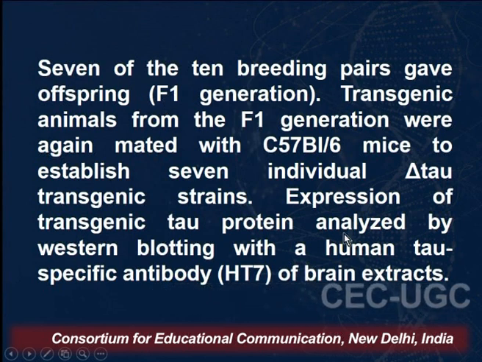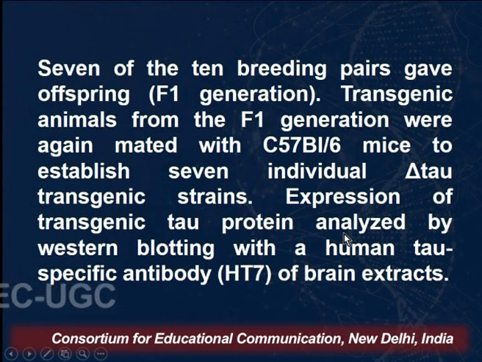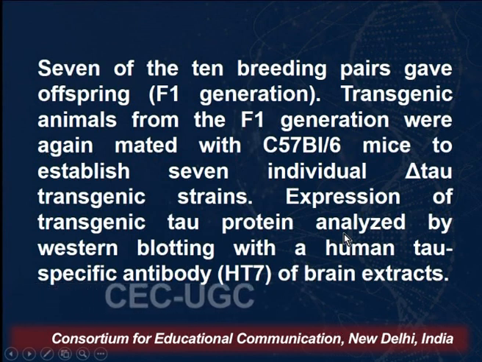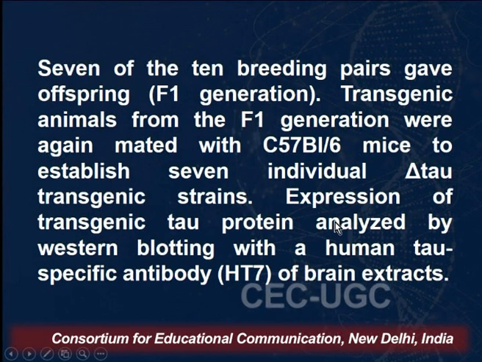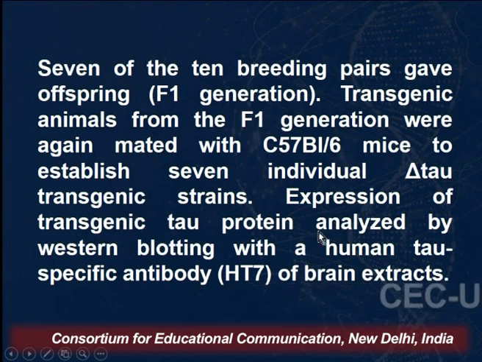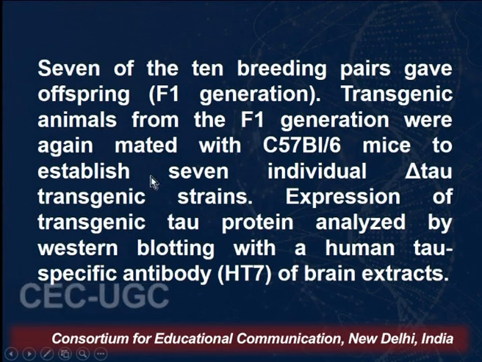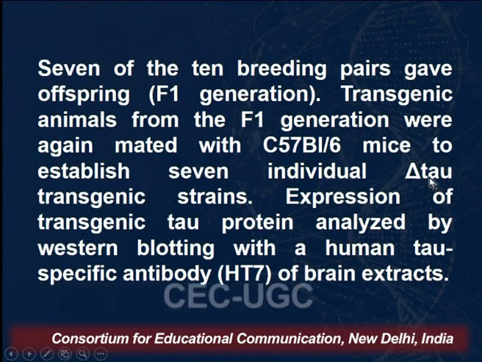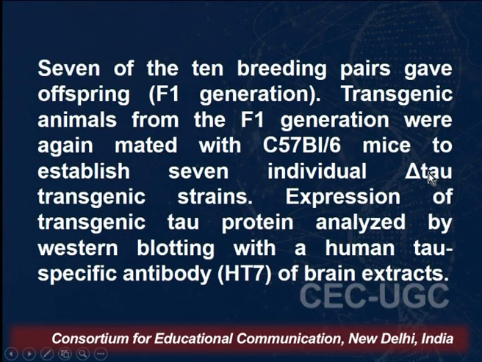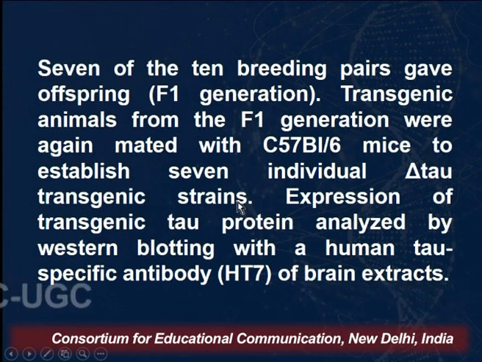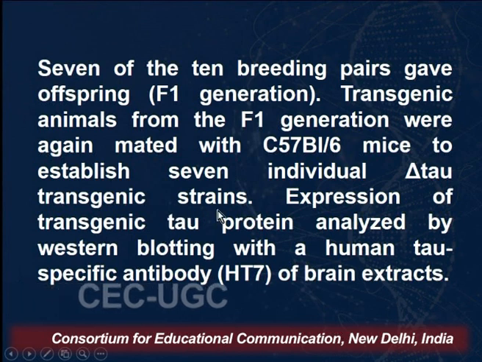So we initially got amplification in 10 pups, then we got 7 which gave rise to offspring that still carried the transgene. Now transgenic animals from the F1 generation were again mated with mice to establish these 7 individual delta tau transgenic strains.